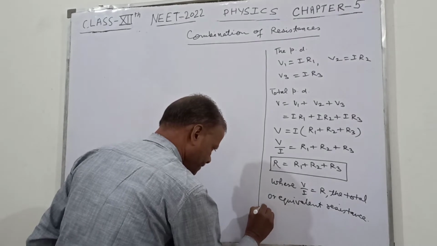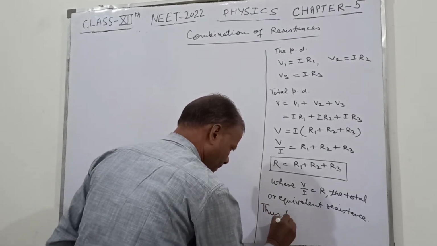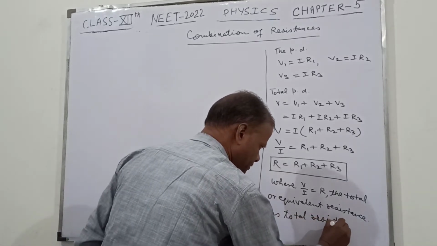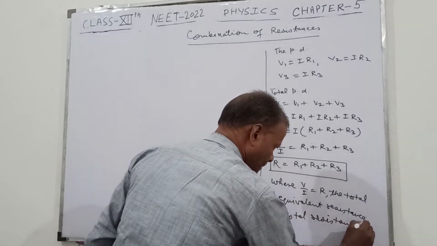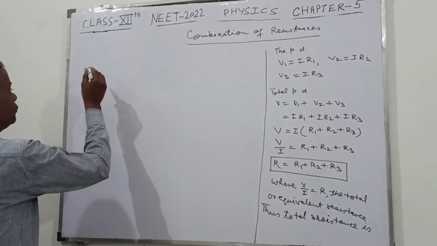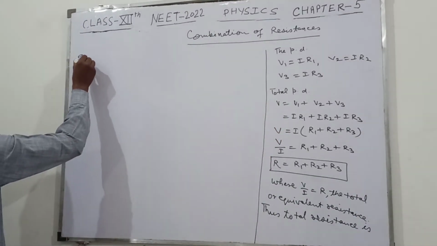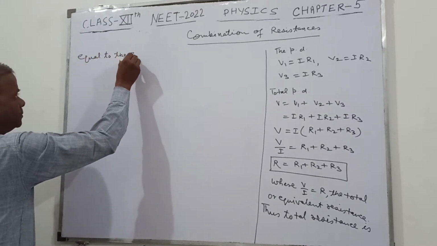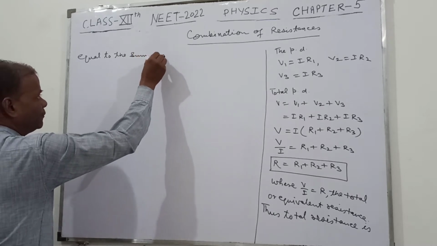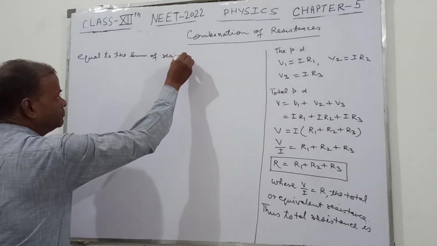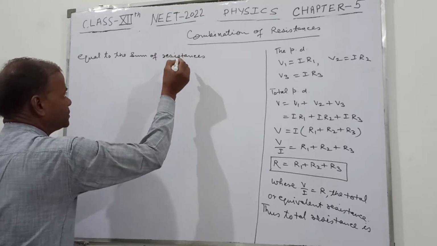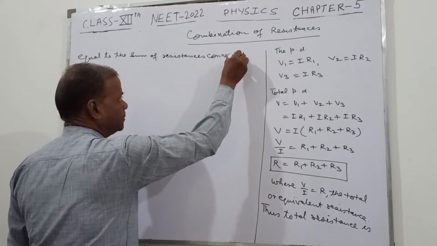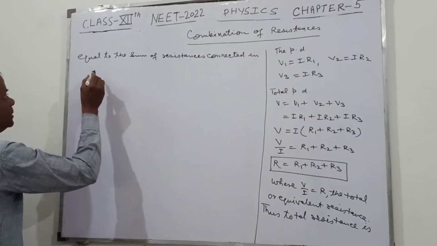Thus, total resistance is equal to the sum of resistances connected in series.